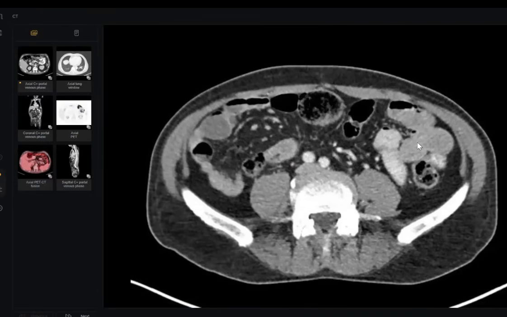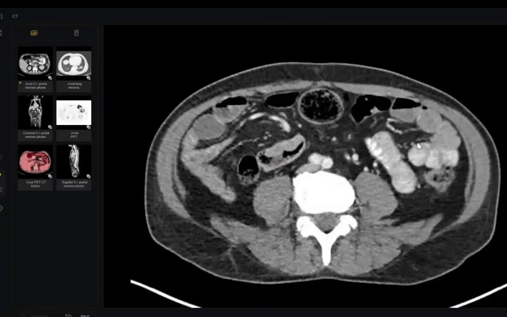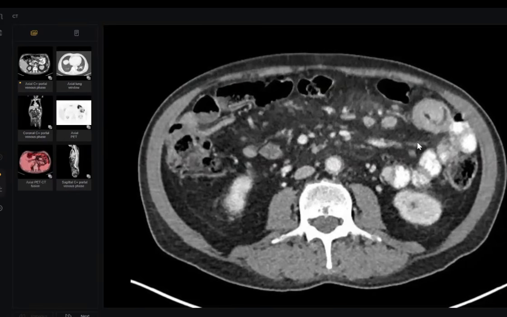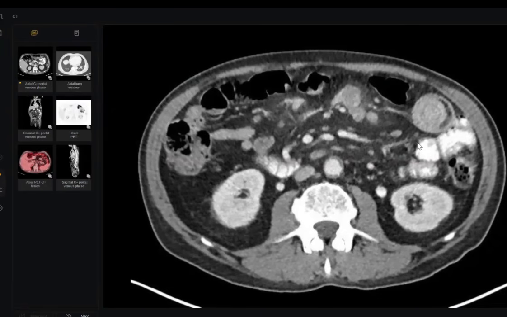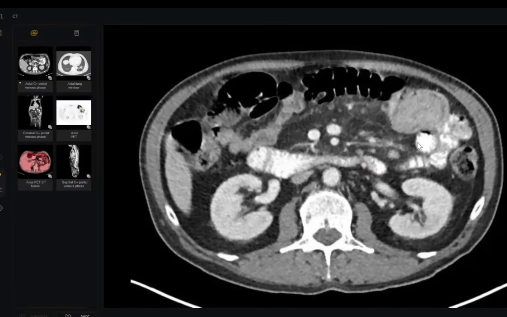What else other than lymphoma? Other would be adenocarcinoma of the duodenum, but that mostly causes obstruction instead of this aneurysmal dilatation. There are a few additional mesenteric lymph nodes as well. So these are my two top differentials.